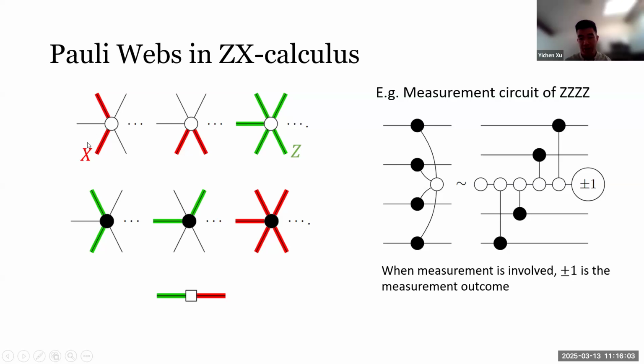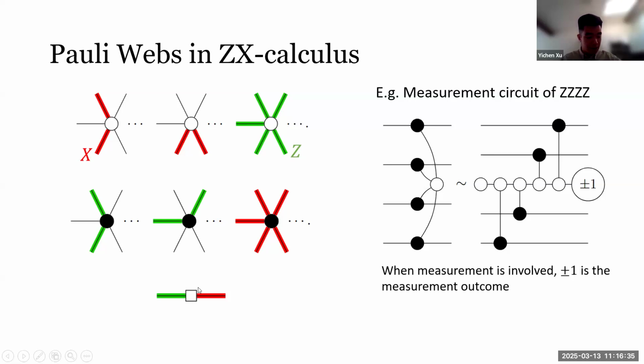So whenever you have a flow of Pauli operators that hits the X node with an X operator, it can go out from the node on another leg in X. But since the X node is stabilized by all the Z's, the Pauli web of Z, if it hits the X node, just goes out on every leg of the X node, and vice versa for the Z nodes. And when you have a Hadamard gate, it simply means it changes the color of this Pauli web.